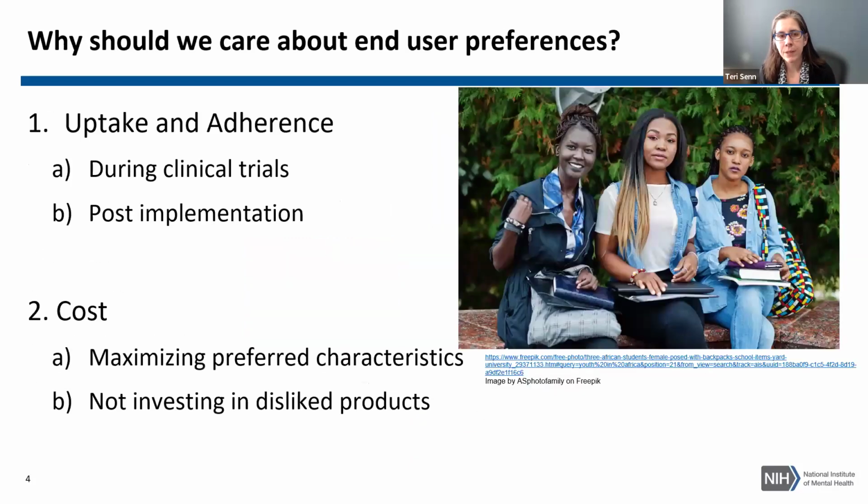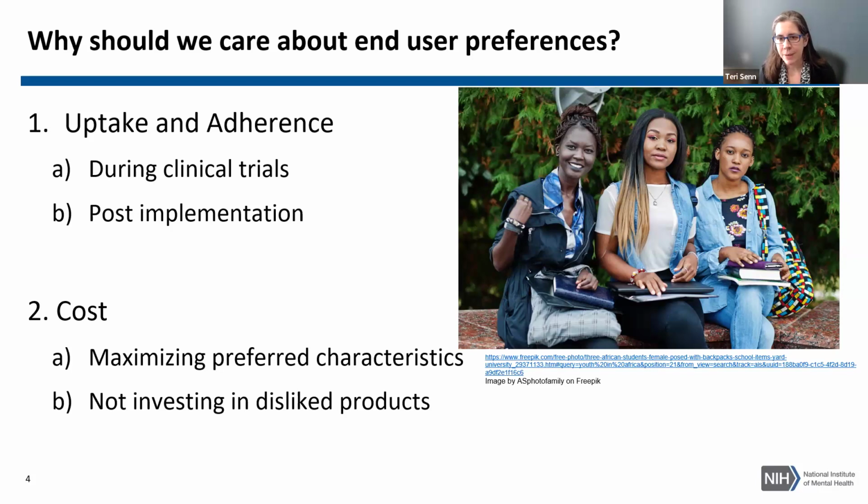So why should we even care about end user preferences? Well, I think probably the most important reason is that we want to develop products that people will use. Even the most efficacious product isn't going to prevent a single infection or a single pregnancy if no one uses it. And we think that people are going to be more likely to uptake and adhere to a product if it really includes or addresses some of their preferred product characteristics.